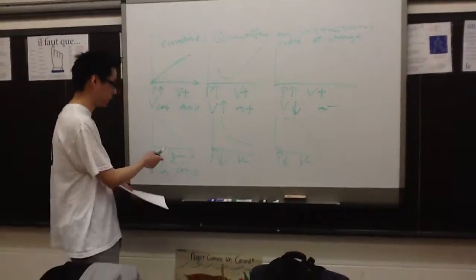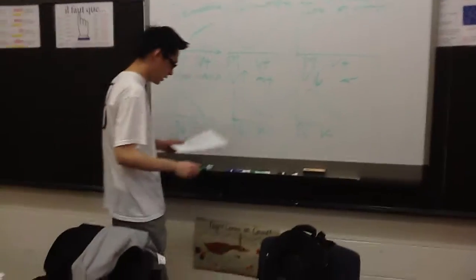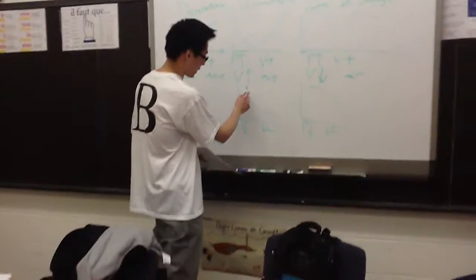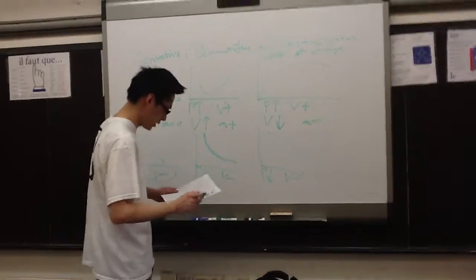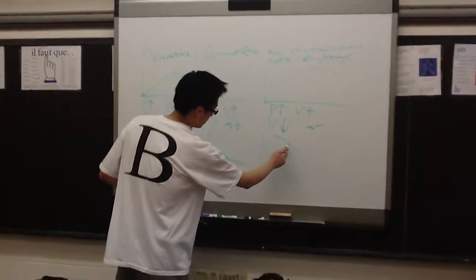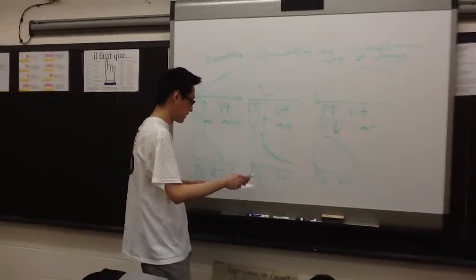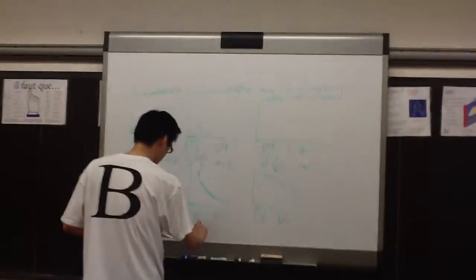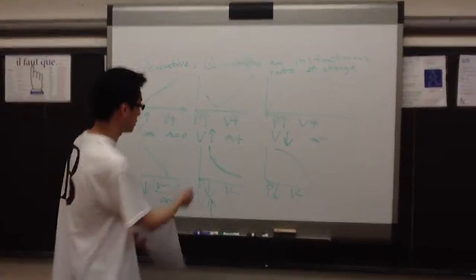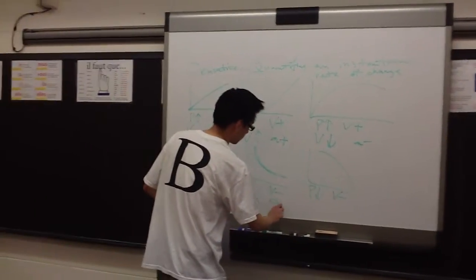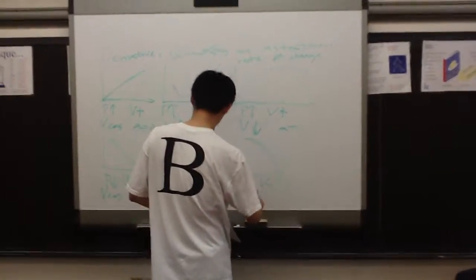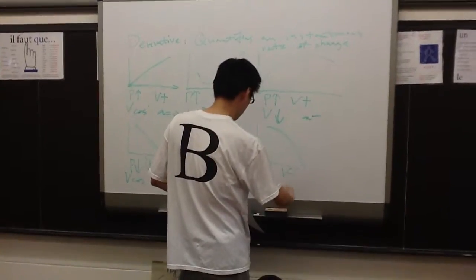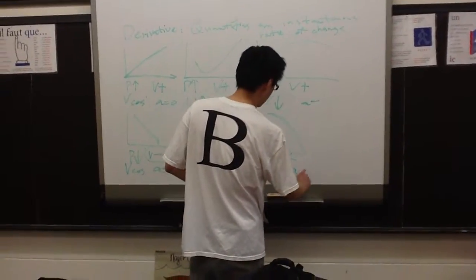And then this one is increasing, right? This one is different. They are all negative, but this one the velocity is increasing. Increasing, same thing, velocity is positive. Decreasing, same thing. Decreasing, and acceleration is negative.